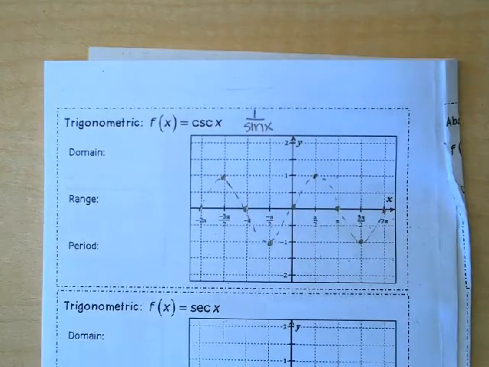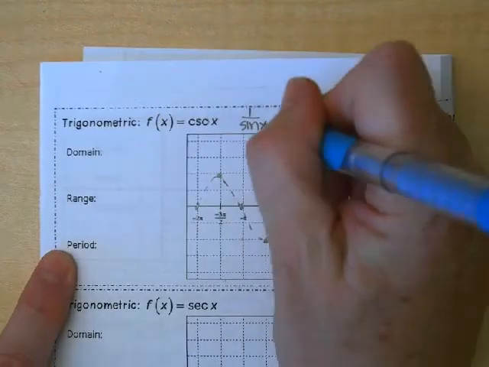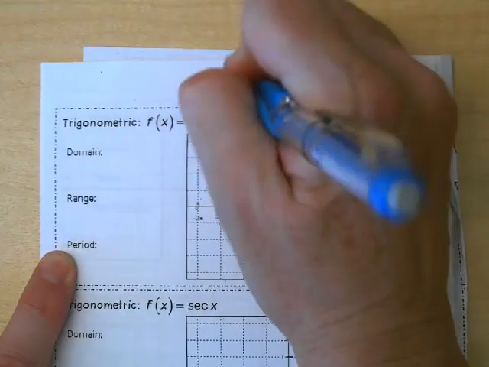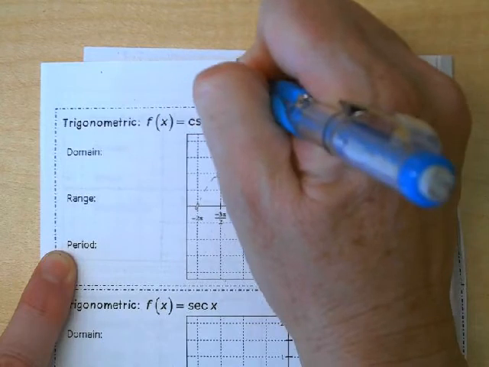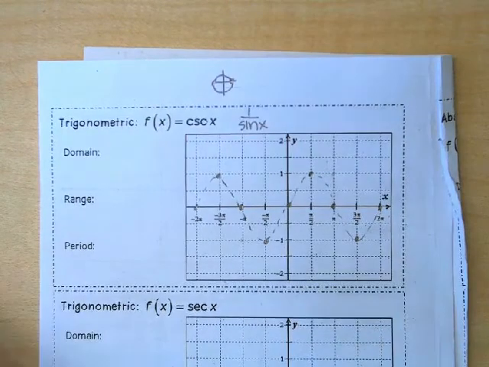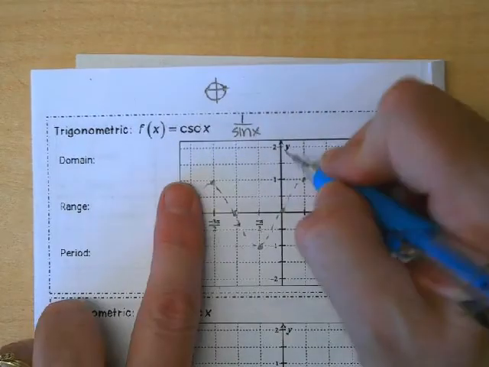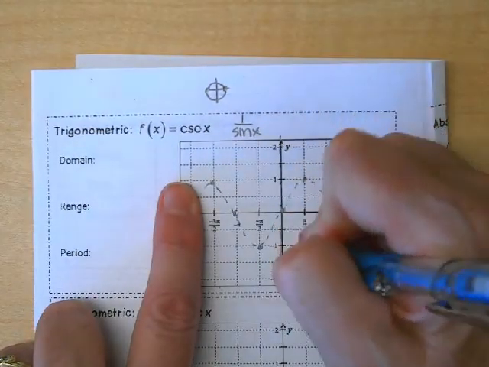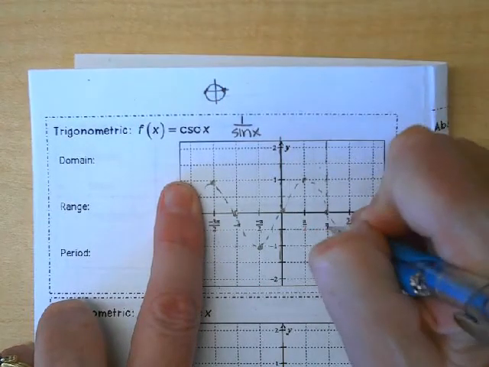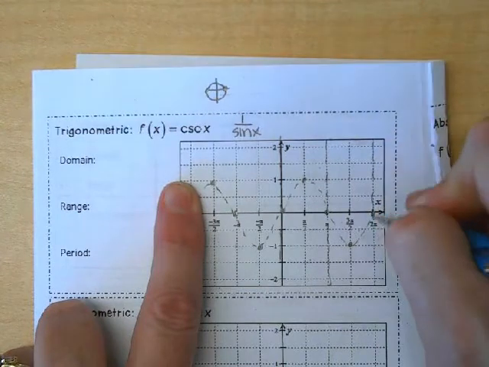So I know that this graph is undefined whenever the sine is 0. Okay, sine is 0, that's the y value, there and there. So it's 0 at 0, and it's 0 at pi. So that tells me that there are asymptotes right there. And that is going to keep on happening.